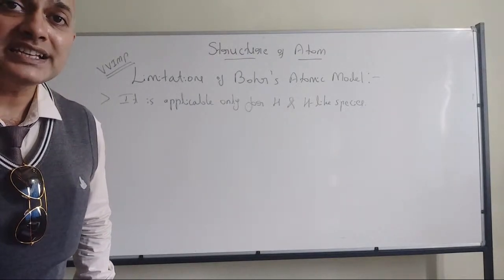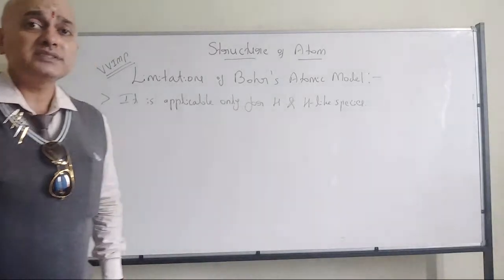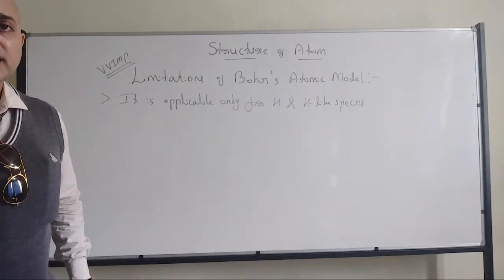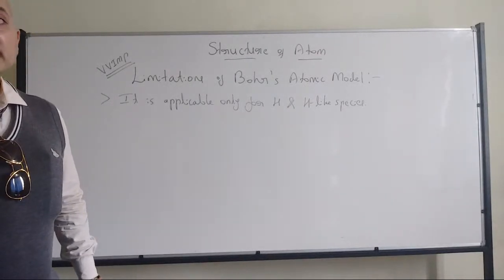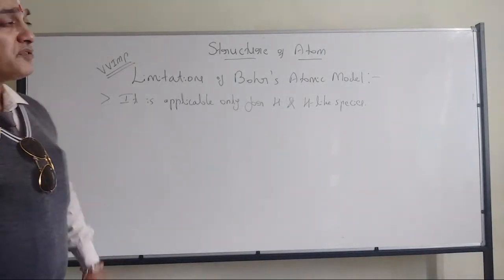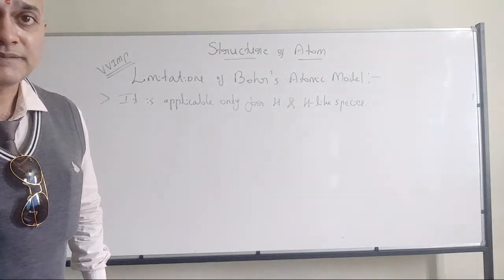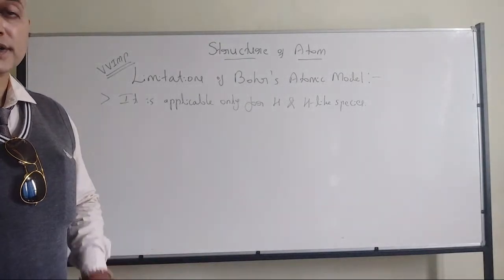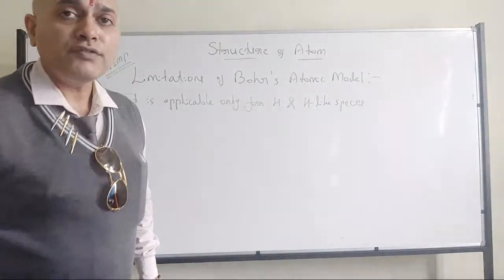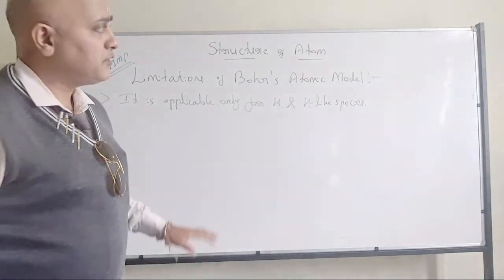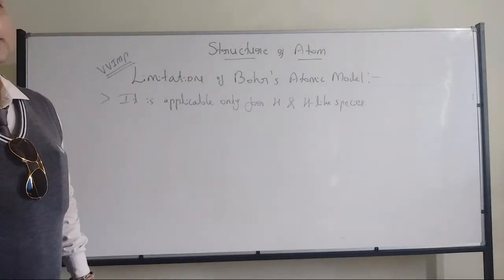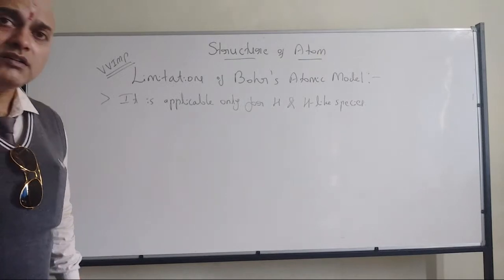What are hydrogen-like species? Hydrogen-like species is nothing but isoelectronic species related to hydrogen, like helium plus, lithium plus 2, beryllium plus 3. They are the examples for hydrogen-like species. That should be your first point. Okay? So all of you have understood? That should be your first point, which is the limitation for Bohr's atomic model.